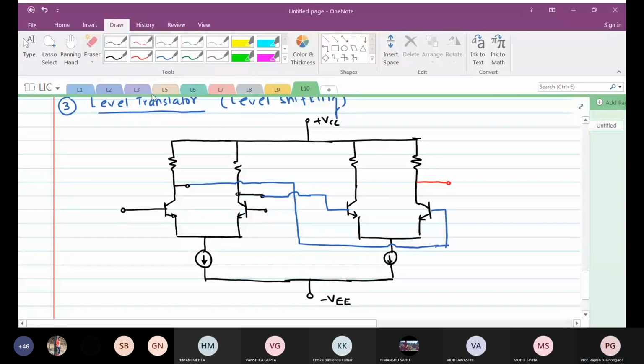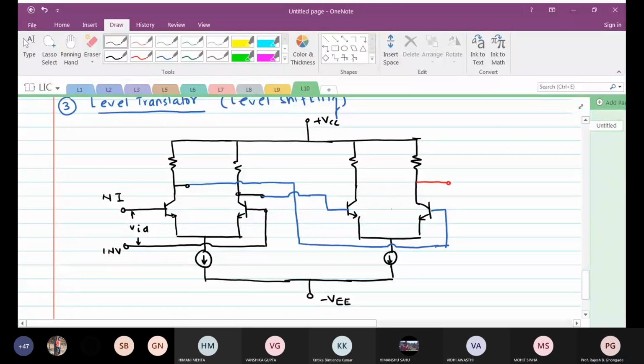Coupling of one differential amplifier with the other. Of course, this is going to be the input, another input. See that? This is going to be your VID, the differential input voltage. Now this terminal we'll be calling the non-inverting terminal, and this the inverting terminal. We have seen why this is so.